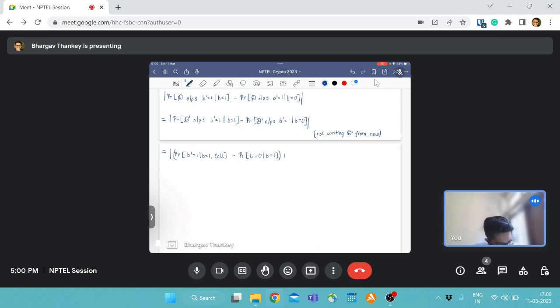This whole thing multiplied by probability that collision does not happen, plus, I messed this up. This should be 1 given B.